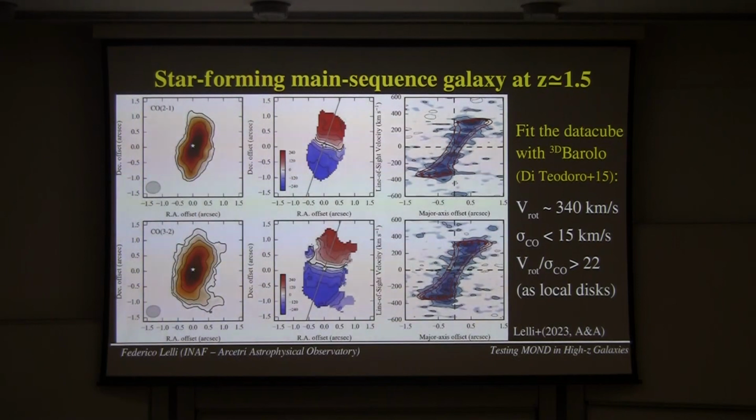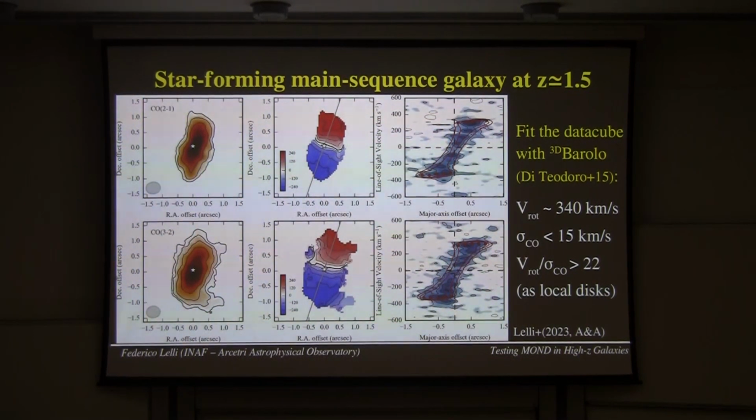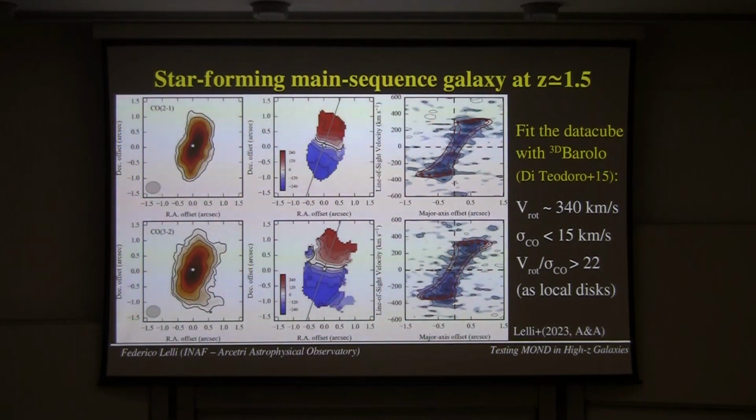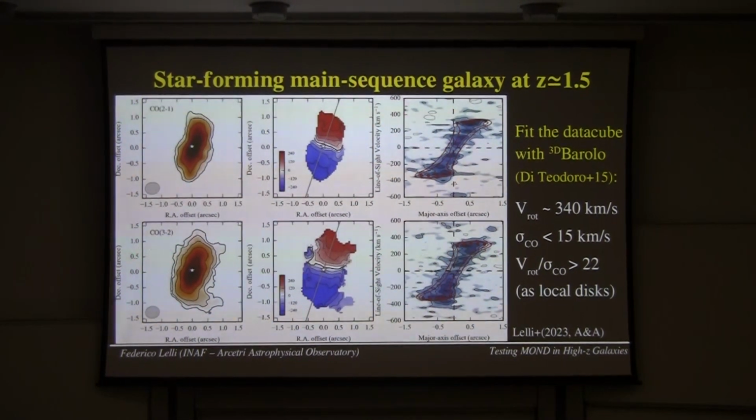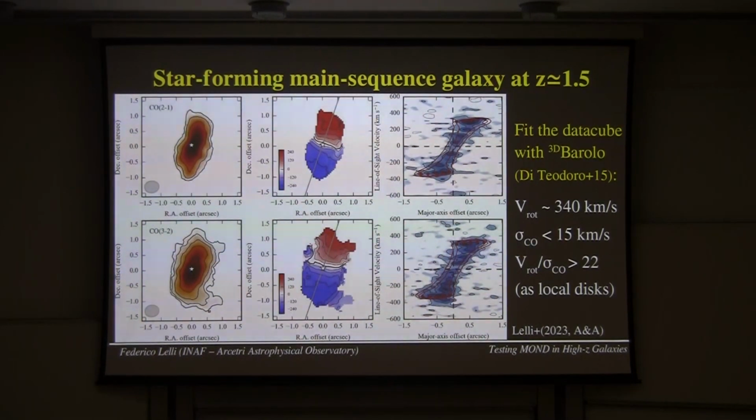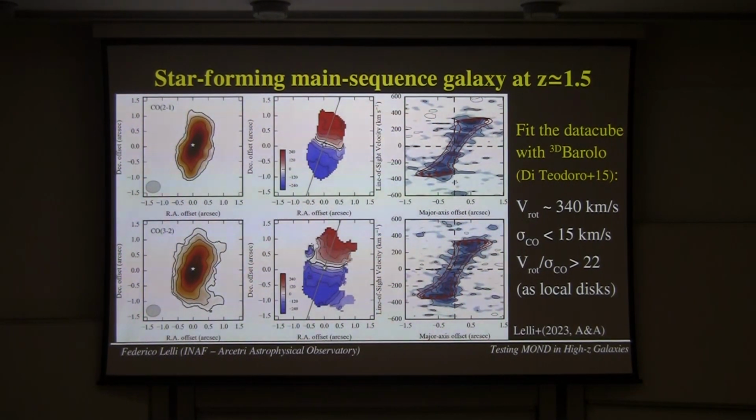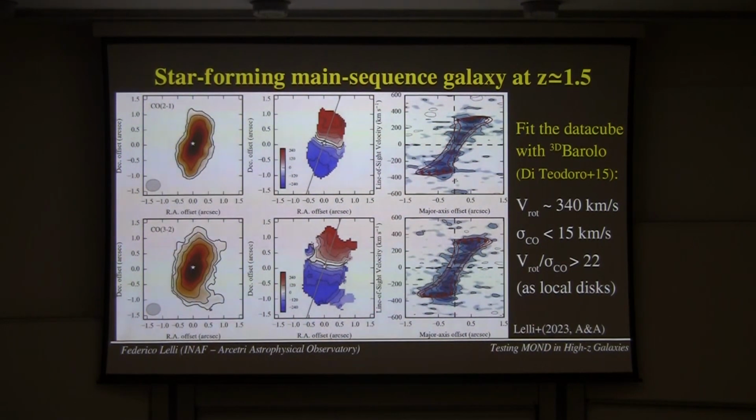And of course we don't do things by eye anymore, although it's a useful exercise to do. We can now fit a rotating disk model which is convolved to the same angular and spectral resolution of the data, and then compare it with observations. So these red contours indicate the best-fit model. And what we find in this case is that the average rotation velocity is pretty high, 140.